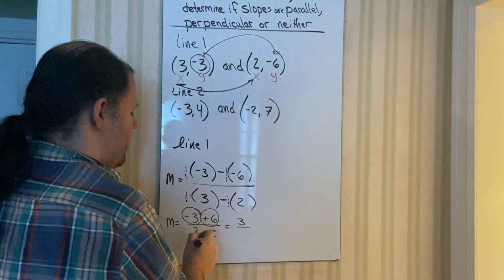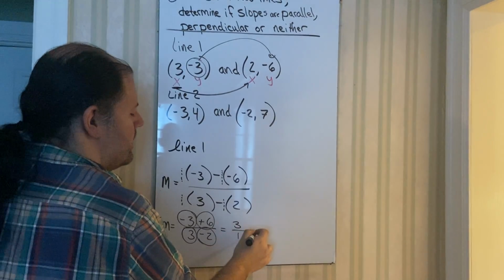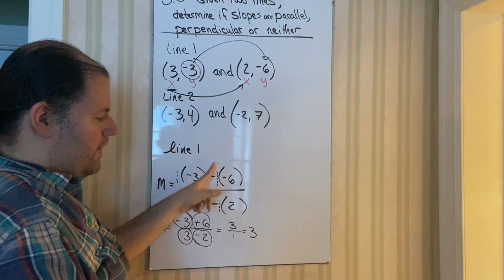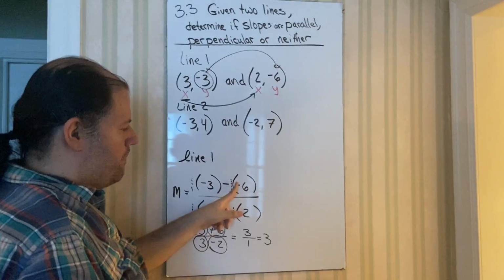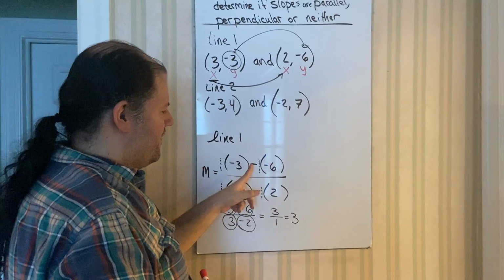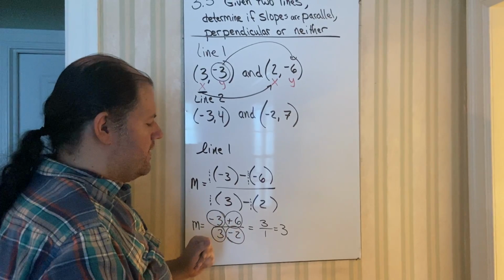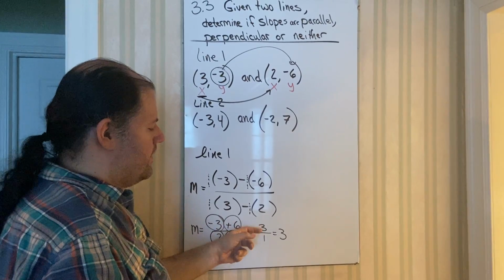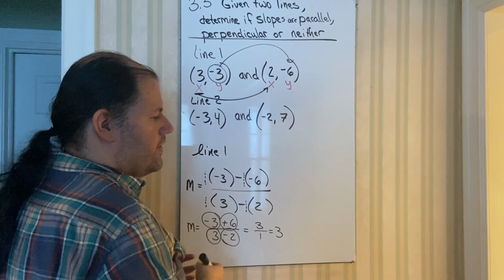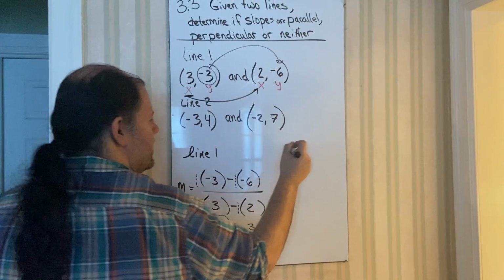And 3 and a -2, you're going to get 1. Remember, I like to use these parentheses because you might not realize this is a +6. A lot of people say, oh, -3 and a -6 is -9. I'm like, no, you got to distribute. So make sure you distribute so you know it's a +6 and a negative and a positive. You have to subtract. Now that you know the slope of line 1, you have to find the slope of line 2.